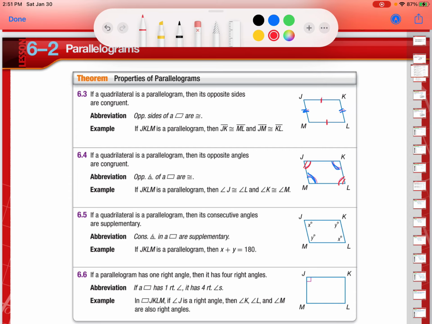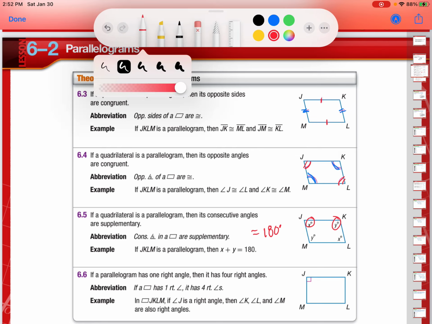So if I add two angles in a row, whether we're going up and down, left to right on bottom, left to right on top, up and down on the left side, if you add two angles in a row, one of them's usually acute, one of them's obtuse, then added together, they equal 180 degrees. 180 degrees.